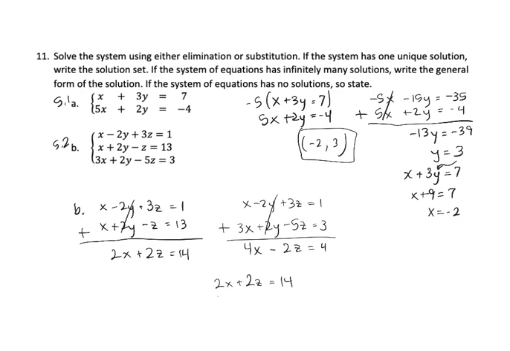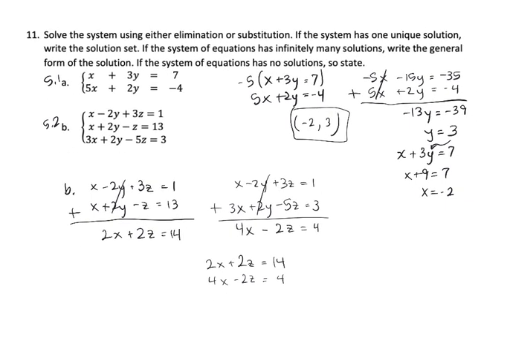Here we're going to have 4x minus 2z equals 4. So we can combine these two to eliminate z, divide by 6, and we get x equals 3.